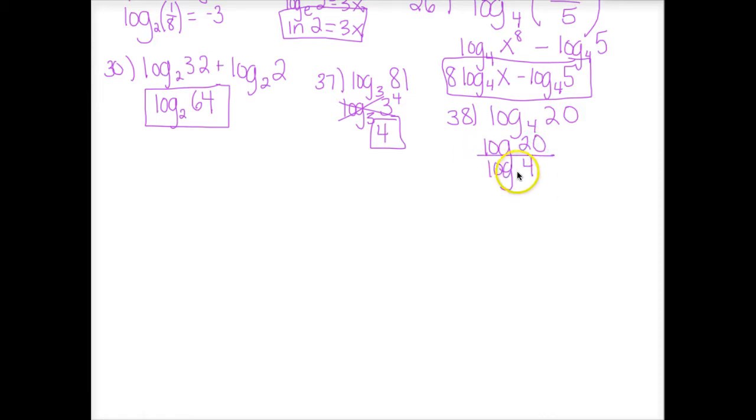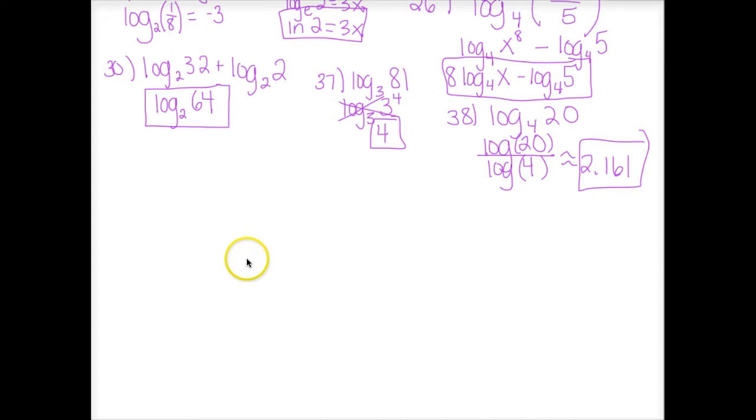Remember, when I say common log, that means log base 10, because many of your calculators don't have the option to where you can have a button with a log of a different base, but they all have a log base 10 button. So once you've written this, and this has to be on your paper for the quiz, once you've written this, shown that you know change of base formula, then you can actually press into your calculator log of 20, don't forget to close the parenthesis, then hit divided by, log of 4, close the parenthesis around the 4 again. You should get 2.161 for your answer there.